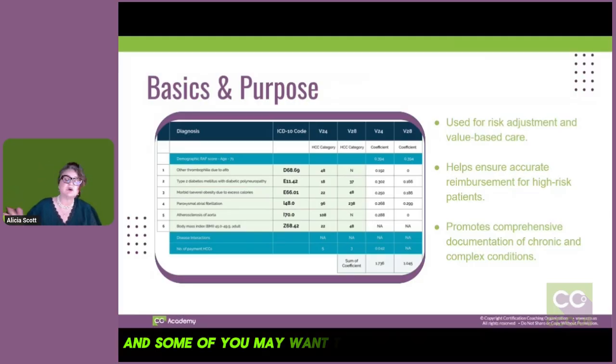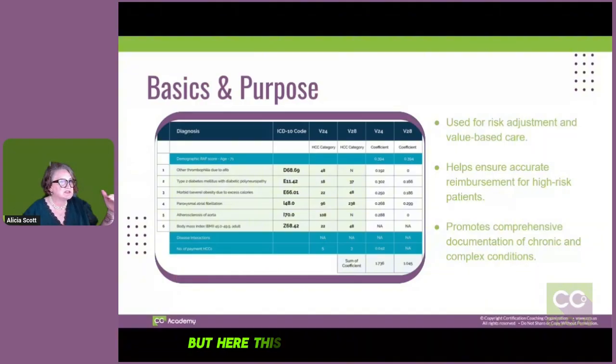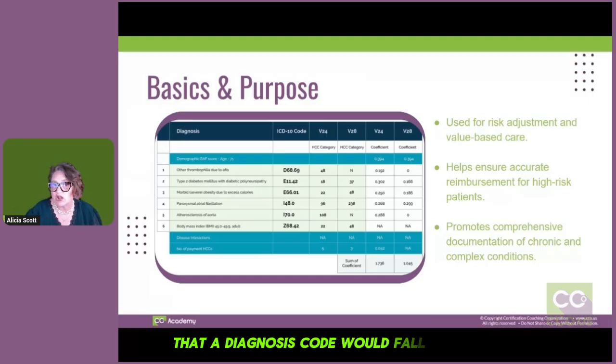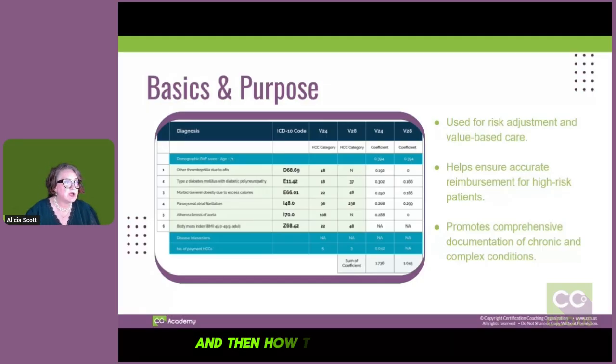And some of you may want to do that in the future. But here, this gives you an example of the categories that a diagnosis code would fall into, and then how that coefficient is the value that's placed on that. And I can even show you, if we have time, we can go into find a code and I can show you a calculator that they have that's involved with that.